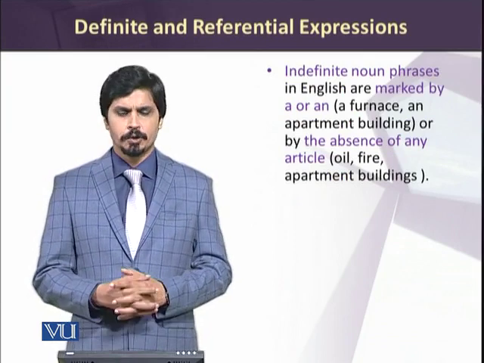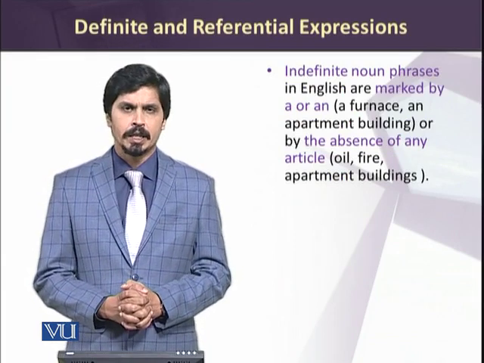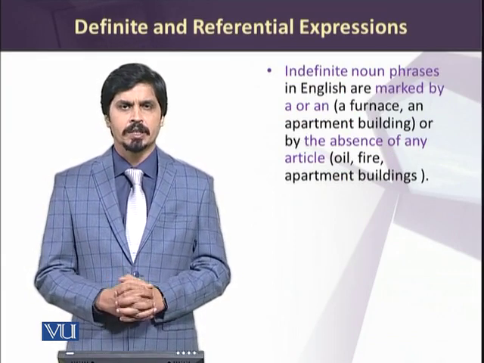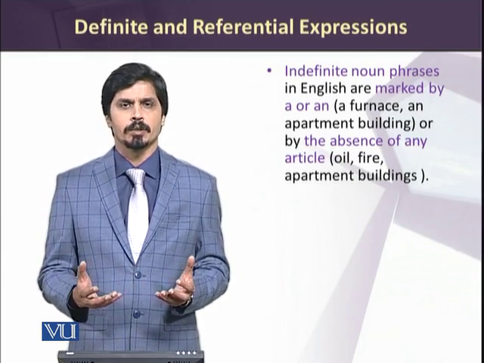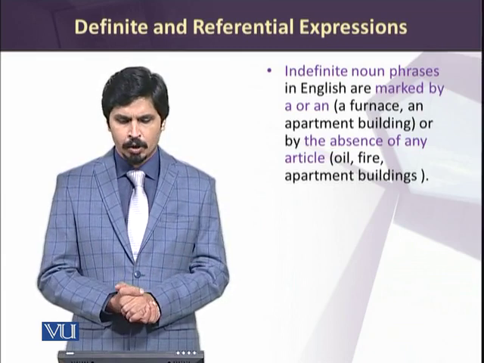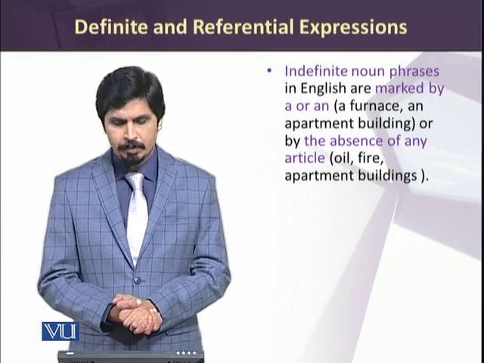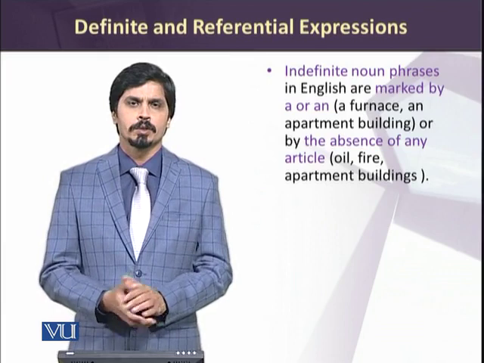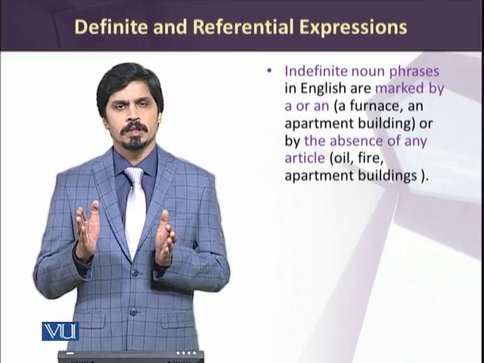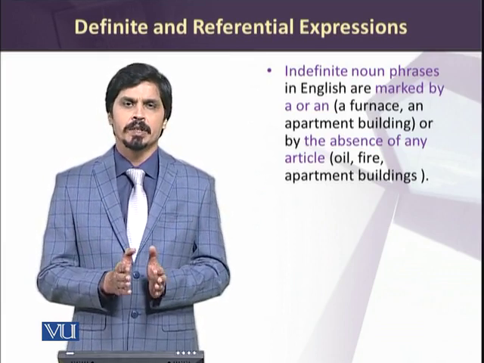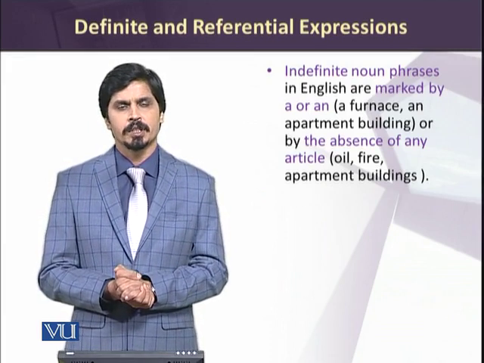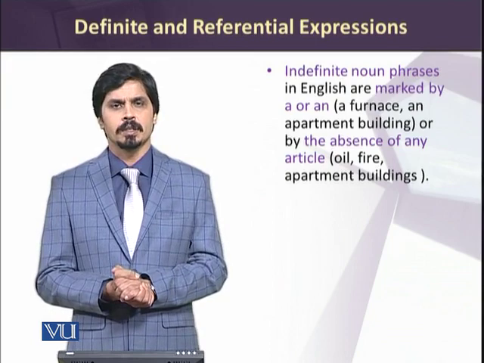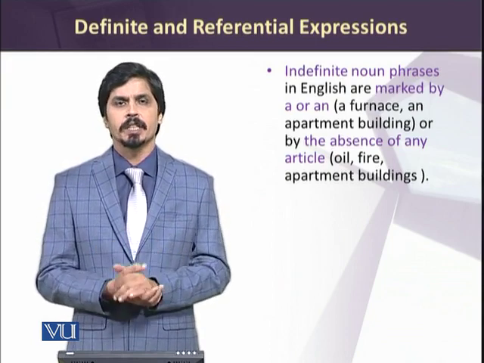Indefinite noun phrases are usually marked by a or an, which are indefinite articles, and also by the absence of any article altogether. We can straightaway say things like oil, fire, apartment buildings, etc. So these definite and indefinite expressions in English are marked by certain grammatical features, especially by the use of articles in the English language.